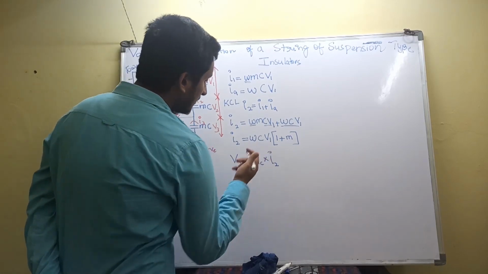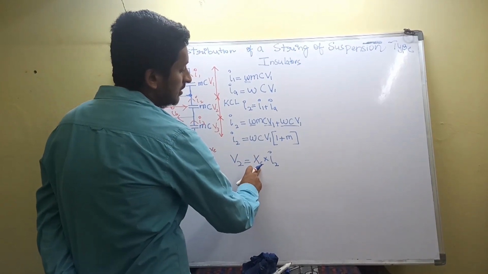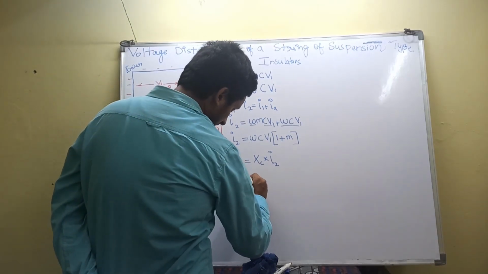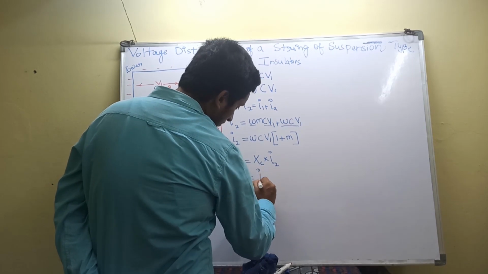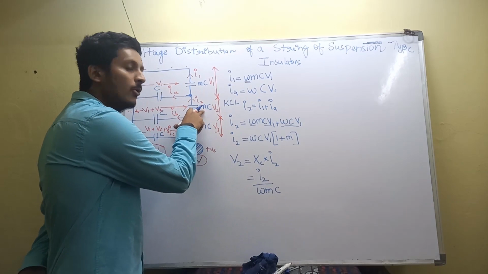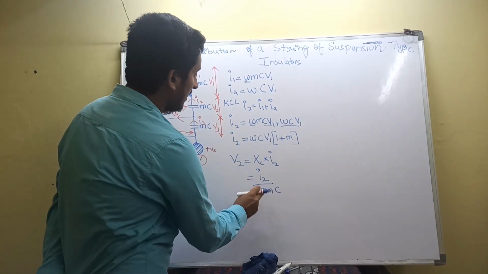Now let us get back to this equation. As this has reactance, this is capacitive reactance. Now I can write that capacitive reactance as 1 by omega MC, as it has only mutual capacitance, right? So XC is 1 by omega MC.